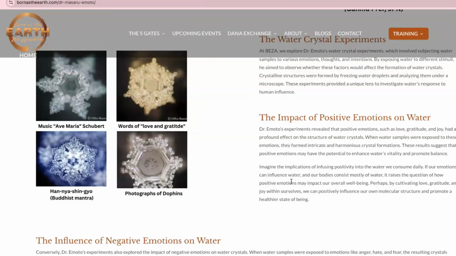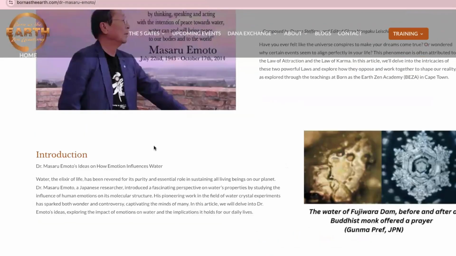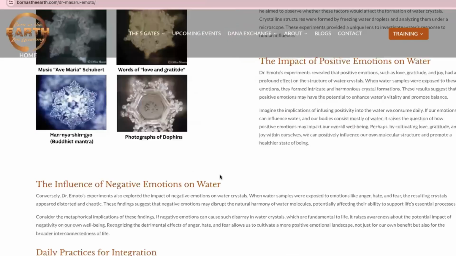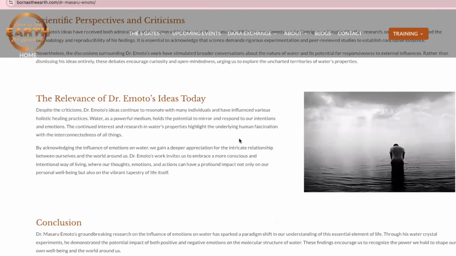So our emotions, our intentions, and our thoughts can definitely transit through water. That's what Dr. Emoto has confirmed: water is able to absorb the emotion and reflect it. He cleared that. Now we know scientifically, he has proved it to some level.